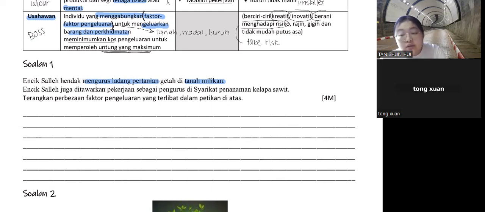So when he owned a land and he managed it, Encik Saleh in this situation is what? As a boss, right? Mengurus, right? He is the boss. So he is usahawan.